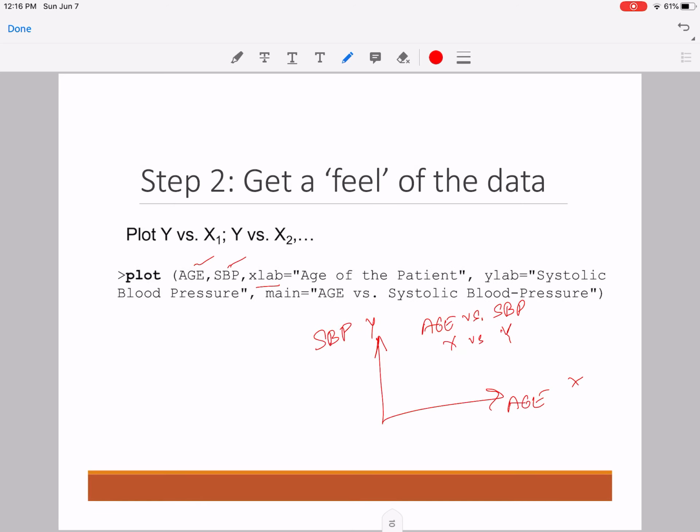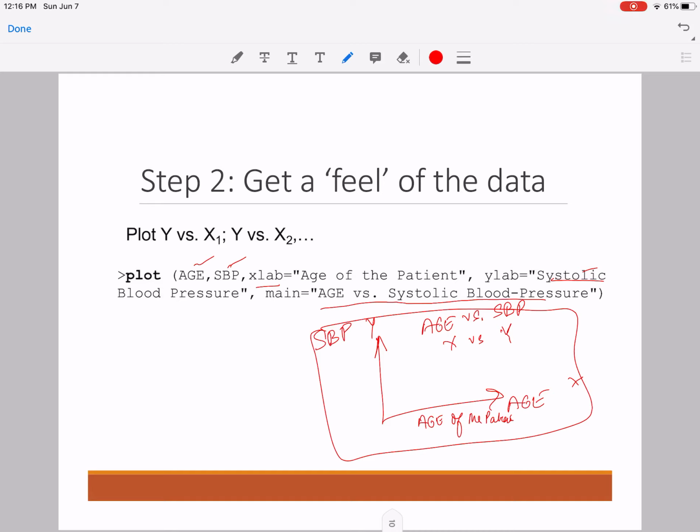xlab denotes the label for the x-axis. So when I set xlab to "age of the patient", the x-axis is going to get that nice label. And similarly, ylab is systolic blood pressure. If I would like to give a main title to this graph, I can give it in this manner: age versus systolic blood pressure.